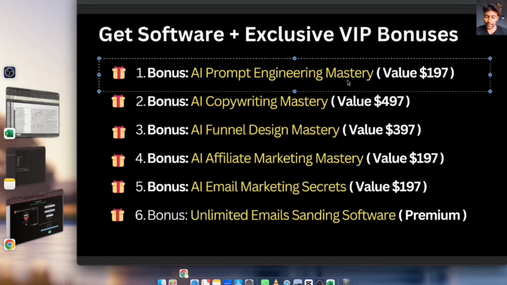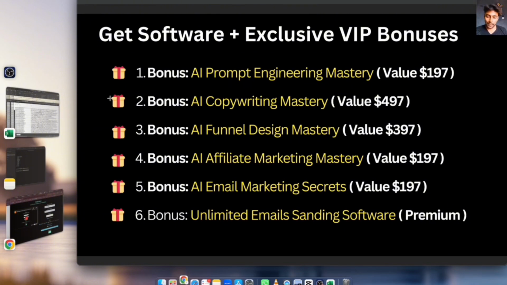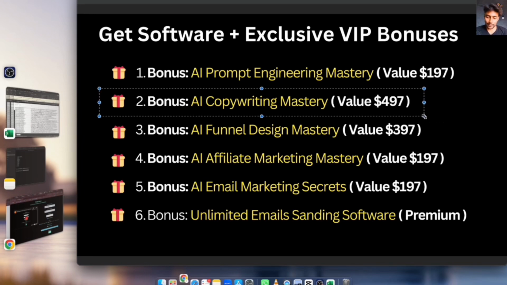AI prompt engineering is everything you can learn on how to use any AI tools. And second bonus, you will get AI copywriting mastery. If you have an agency, or any kind of online business, copywriting is important. So this course is really important. We sell it for around $500, but you will get it completely free.